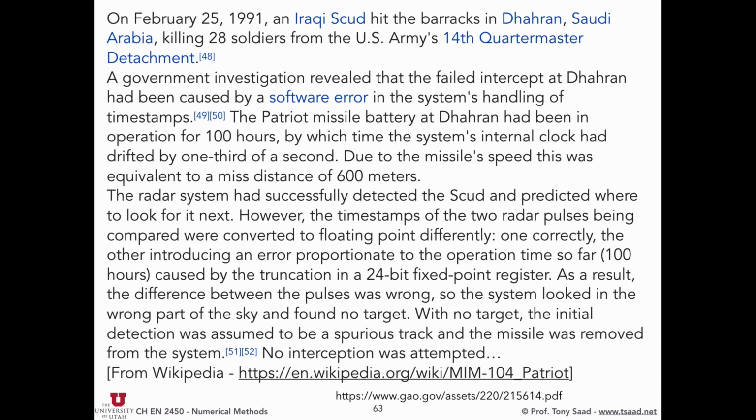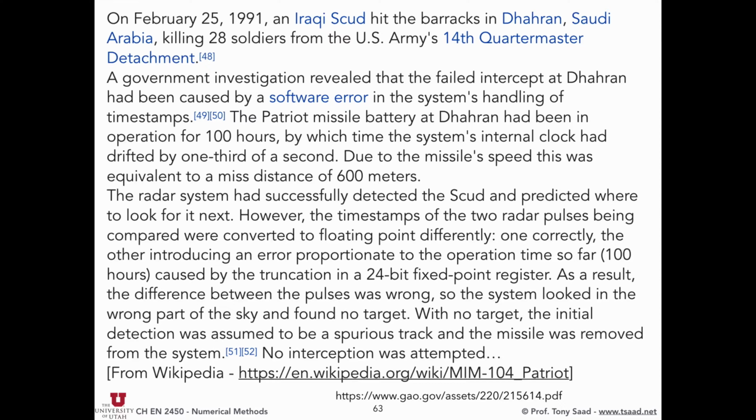So the first pulse was stored in a 48-bit, the second pulse was stored in a 24-bit, and there was an error caused when the subtraction in time of the two radar pulses was taken. Given that the battery was running for 100 hours, think about the for loop that we did earlier. That error accumulated over time. So the internal clock caused this error because it was running for 100 hours.